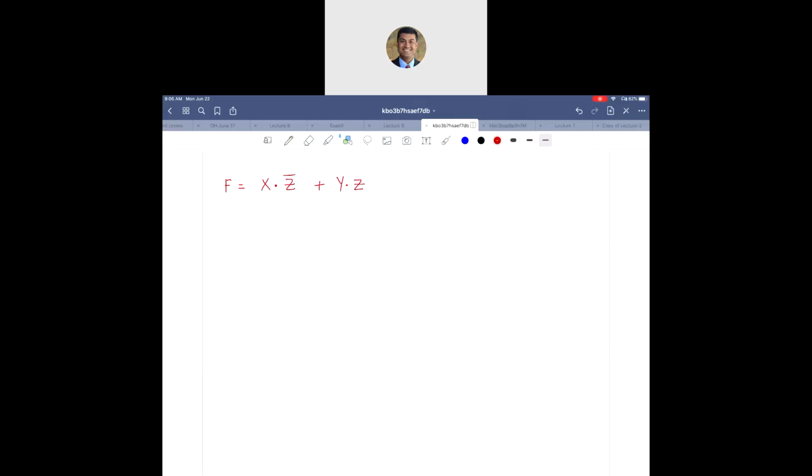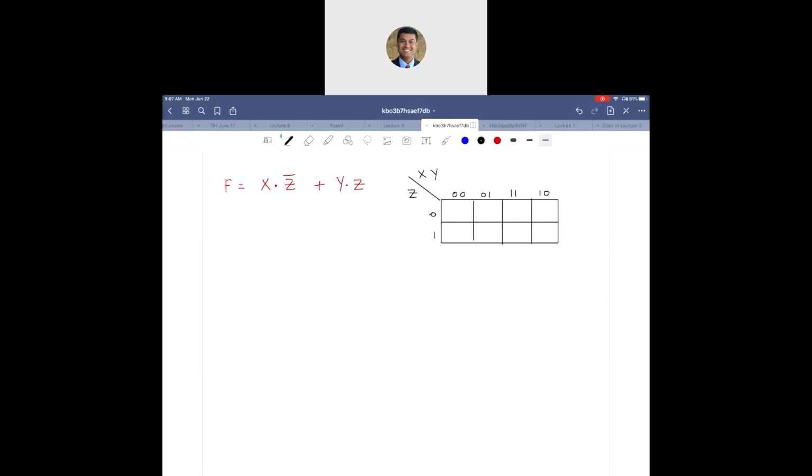So what I'll do is I'll start off with a 3 variable K-map. I'll have 0, 0, 0, 1, 1, 1, 1, 0, and 0, 1, with X, Y, and Z here. So this is my skeleton of the 3 variable K-map.